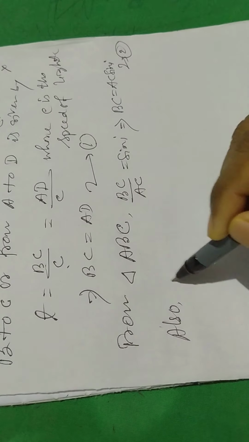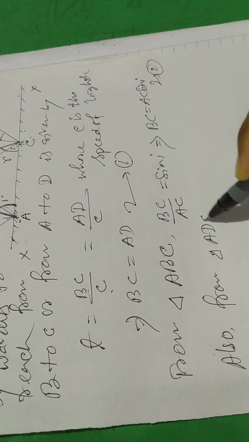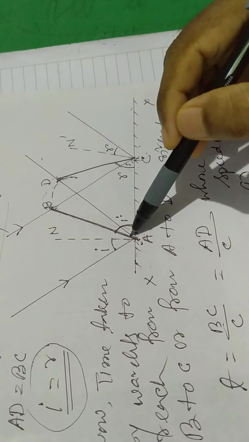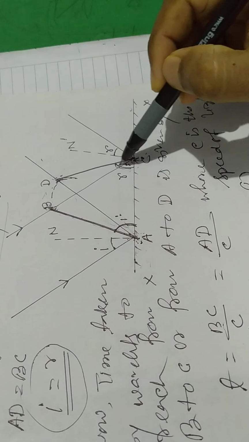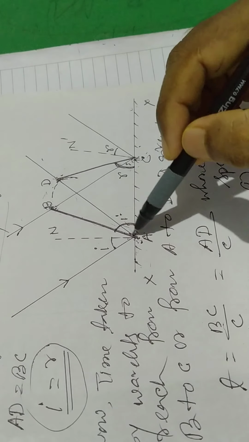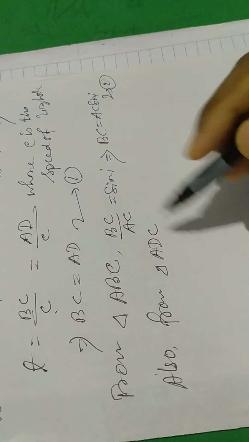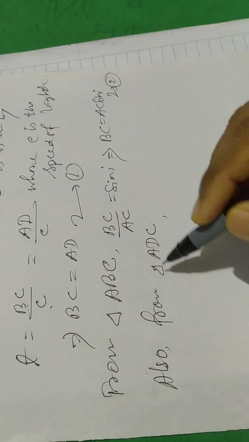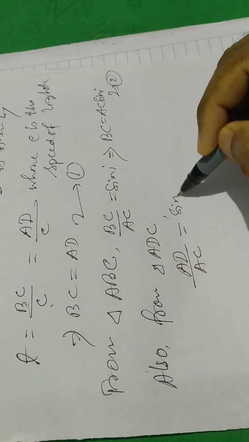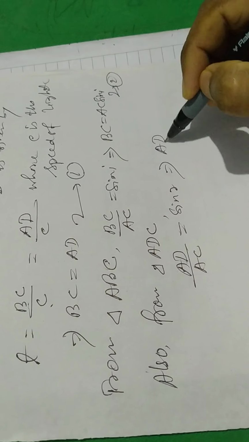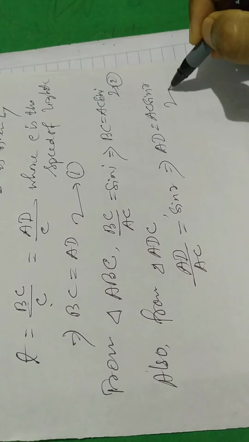Also, from triangle ADC, again you see the diagram, ADC is a right angle triangle with respect to angle r. AD is perpendicular and AC is hypotenuse. So perpendicular by hypotenuse, AD by AC equals sin r, so AD equal to AC sin r. This is equation number 3.